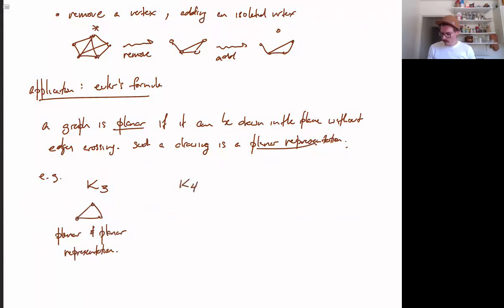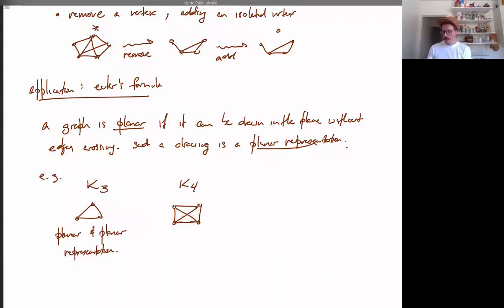K4 is the complete graph on 4 vertices. So this graph, you can see, has an edge crossing, but that doesn't mean that it's not planar. What that means is that this is not a planar representation.